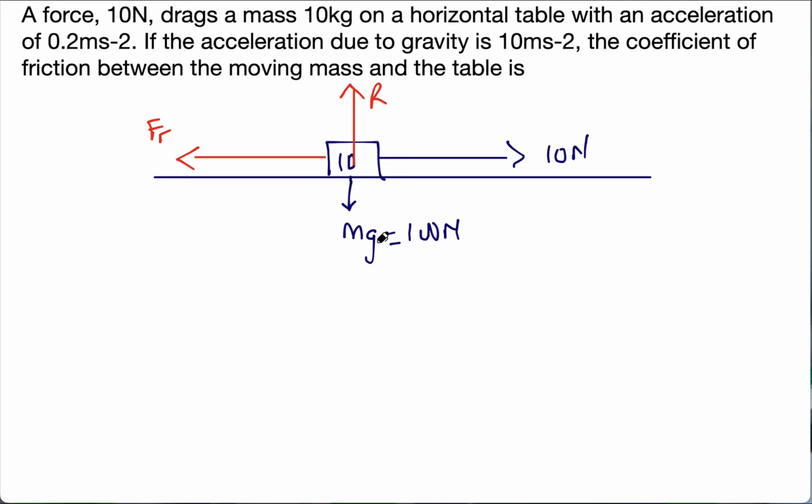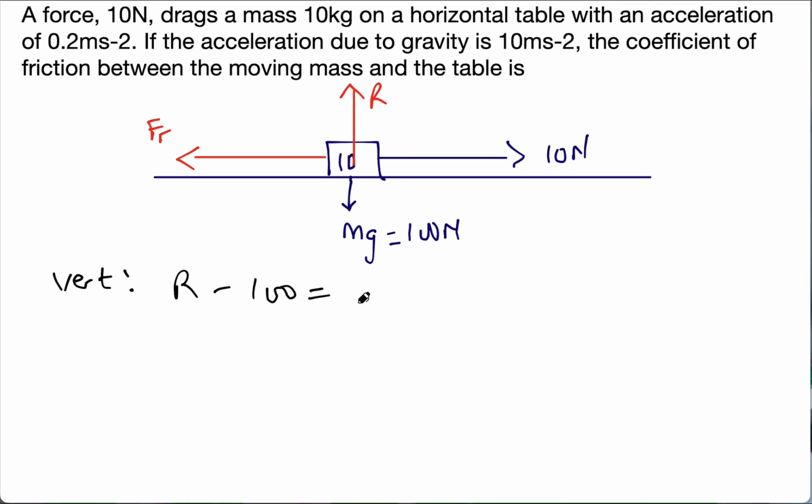Having this all set up now, we will be using Newton's second law of motion to derive the equation needed to solve this. Let me start with the vertical component. For the vertical component of this motion, we only have the normal reaction and the weight acting downward. If we express that, that will be R minus 100.